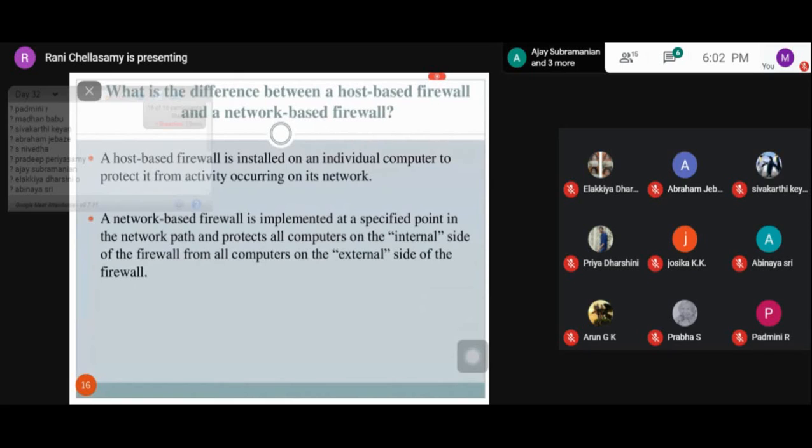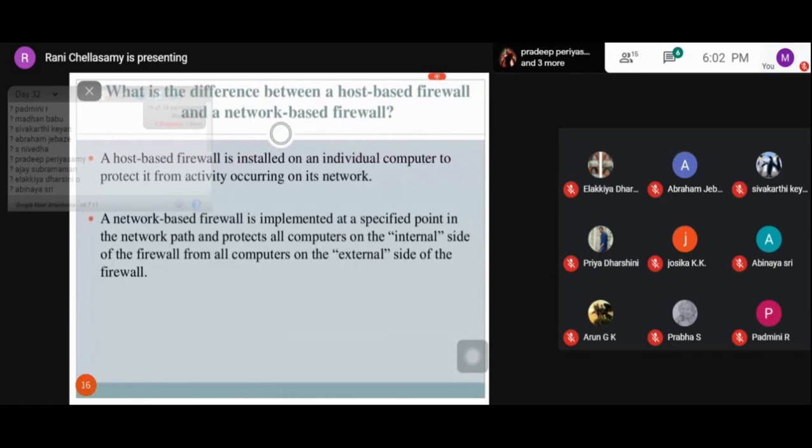A network-based firewall is implemented at a specific point in the network path. The collection of machines is going to be called a network. So network-based means it is implemented on the path through the network. It protects all the computers on the internal side of the firewall from all computers on the external side of the firewall.